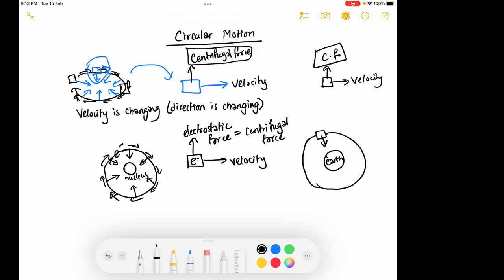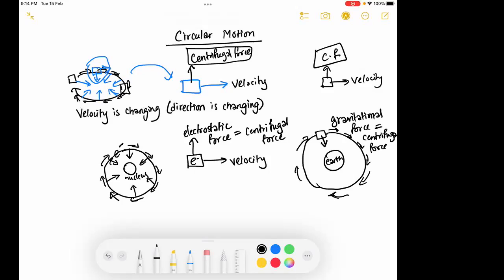What centrifugal force is it facing? The gravitational force, right? So here the gravitational force is the force that is acting perpendicular. That is the centrifugal force. It's the same thing. I hope that's clear.